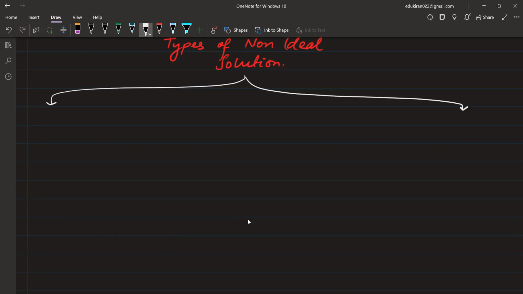What can the first case be? The first case is that the pressure observed is greater than the pressure calculated. The second type is the pressure observed is less than the pressure calculated. In this case, what will delta P be?